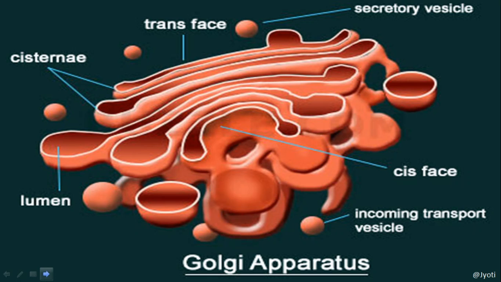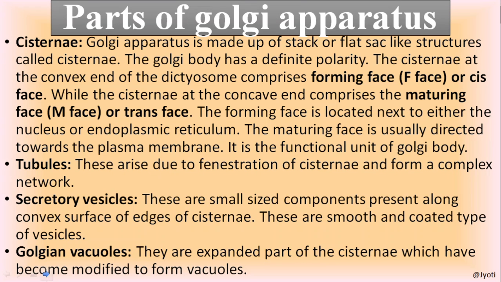Before describing the structure, let us see what the parts of the Golgi apparatus are. The parts are cisternae, as I have already told you. The cisternae at the convex end form the forming face, F face or cis face.